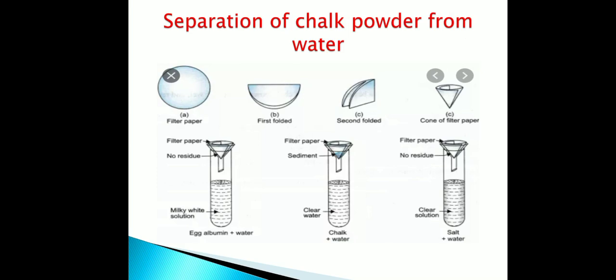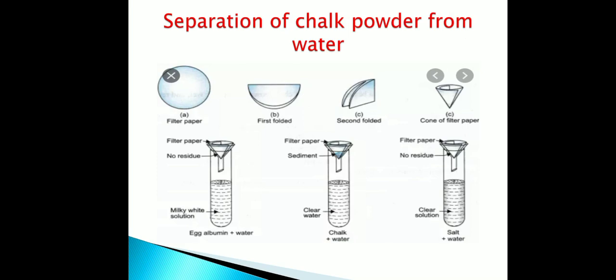Now, how to do the filtration process? Take the chalk powder solution by uniform stirring, and this cone we have to fit in a funnel. Now we have to take the mixture of chalk powder and water in a beaker and stir it well.